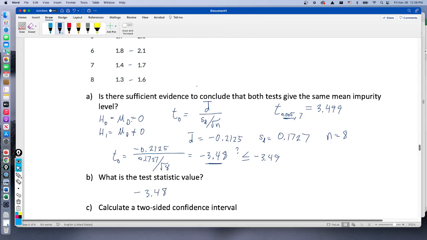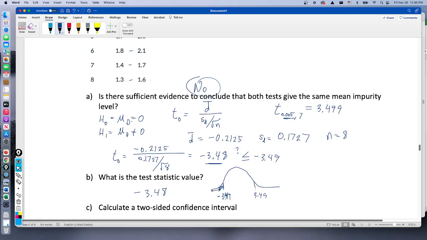So the answer is, can we reject it? No, and the reason is because the test statistic is not in the rejection region. This is a normal curve, but the t-distribution is a similar idea. So this is negative 3.49 and positive 3.49 way out there at the ends.